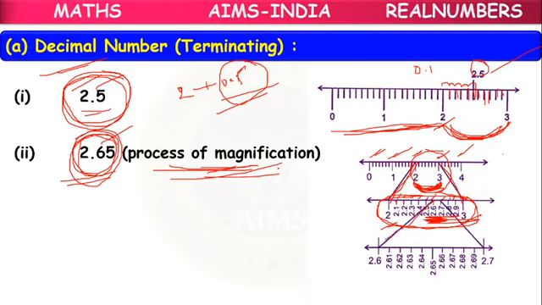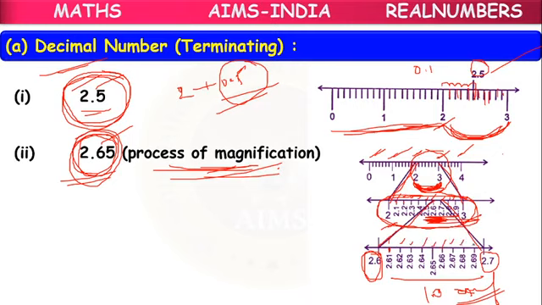Let us assume 2.6 magnified like this, 2.7 magnified. The place between 2.6 and 2.7 is divided into 10 equal parts: 2.61, 2.62, 2.63, 2.64, 2.65.